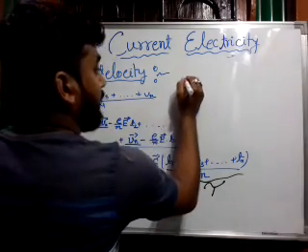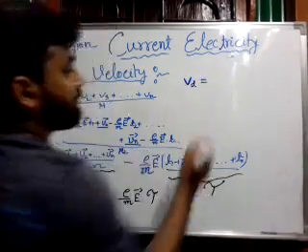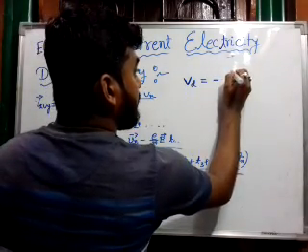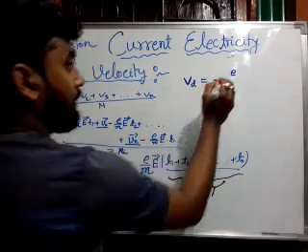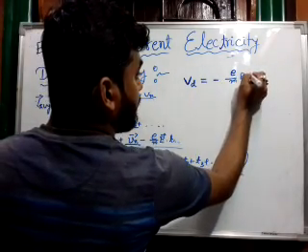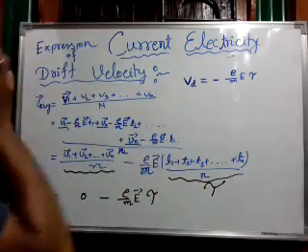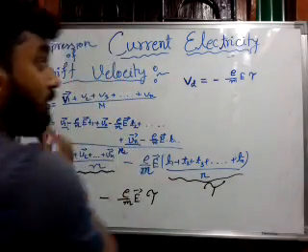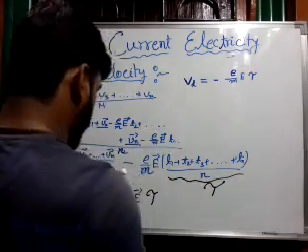Vd, or V average, is equal to minus small e by m, capital E into tau. Okay? Clear everybody?